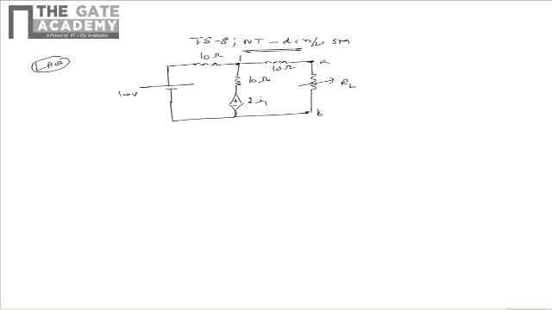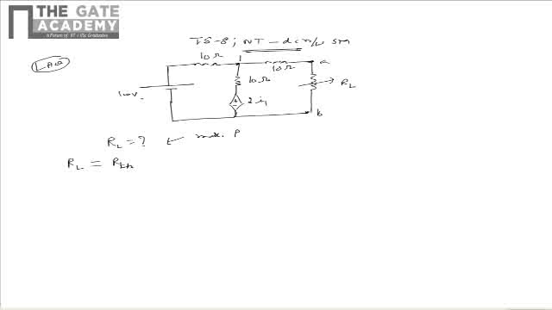As per the question, we need to find the value of RL for maximum power dissipation in RL. We know that from the given network, for maximum power dissipation, RL should be equal to RTH.